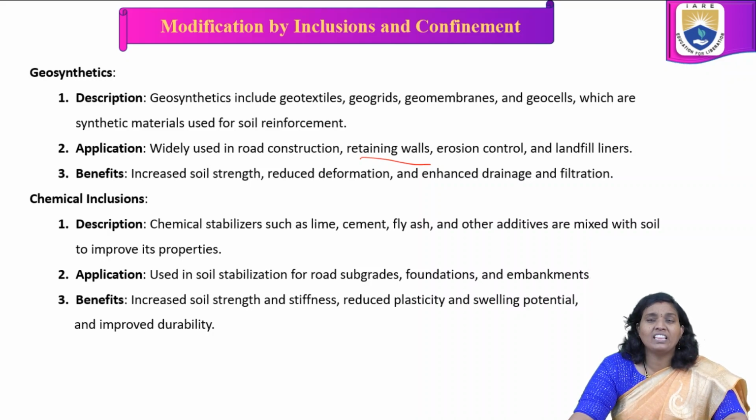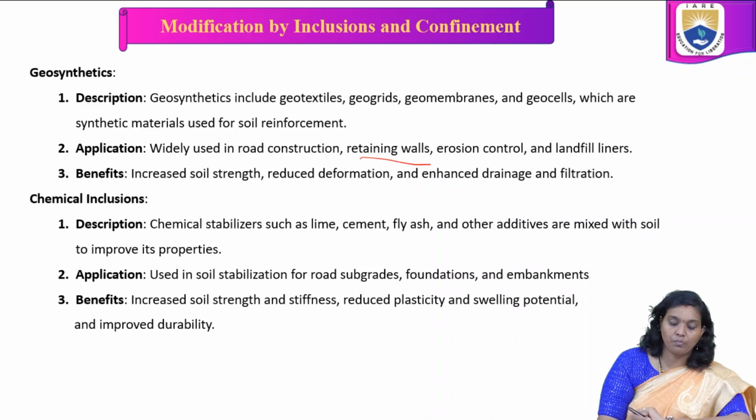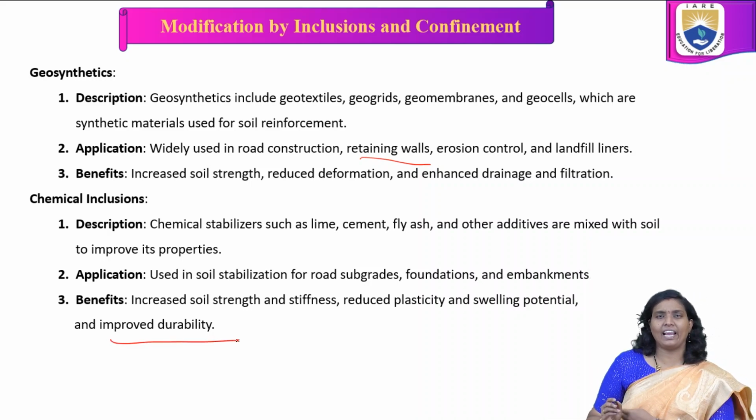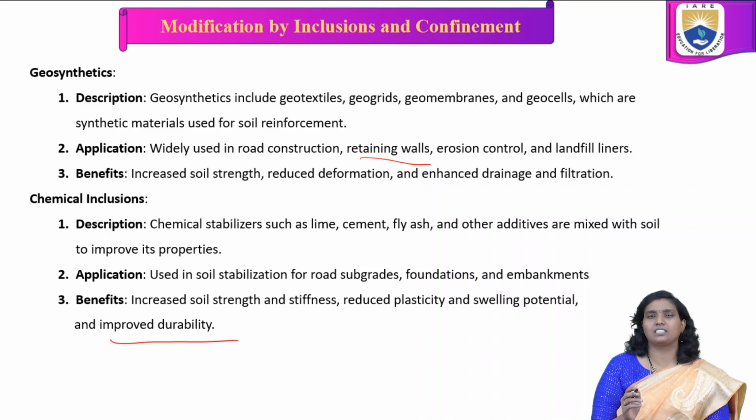We apply these in soil stabilization for road upgrades, foundations, and also in abutment conditions. Using chemical inclusions, we may get increased soil strength and stiffness, reduced plasticity and swelling potential, and improved durability. We may get these kinds of benefits for soil properties using chemical inclusions.